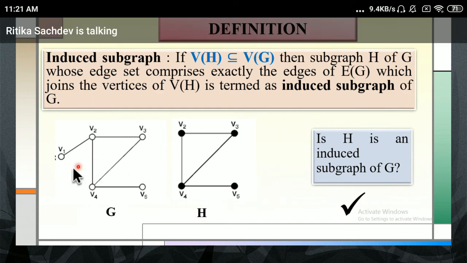It has to be an induced subgraph because if I remove just V1, only this particular vertex and its edges will be removed, and the remaining graph which I have got is the induced subgraph. Again check, it is the maximal subgraph after removing the vertex V1.